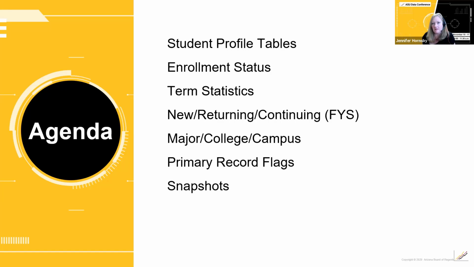I'll explain the logic between new, returning, and continuing, and where we get the first year student indicators from. I'll go over the students' major data, which is their major, college, and campus. I can talk about the primary record flags and how those are calculated and how you would use those on reports. And last is just some information about the snapshots that are available and how we use those.